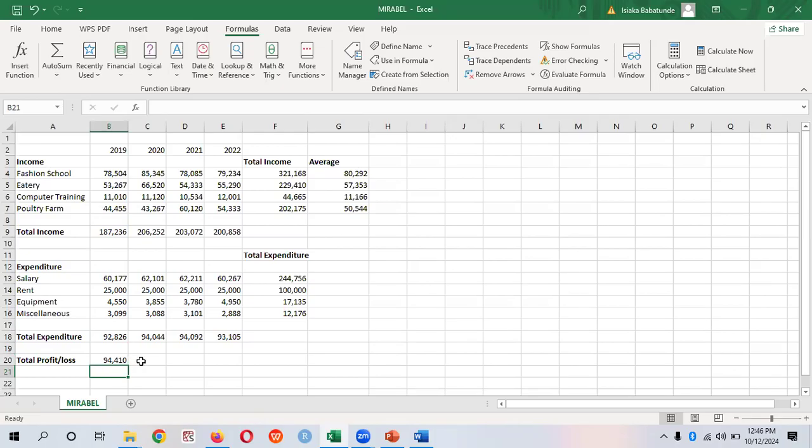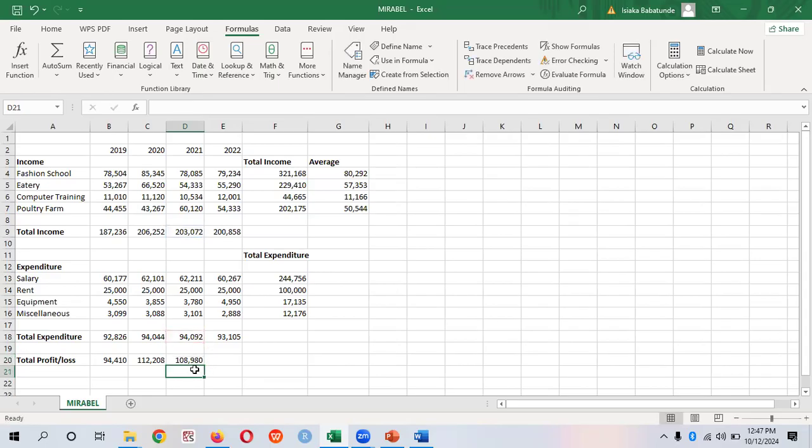Then the next one is equal sign, total income minus total expenditure, enter. Wow, this year is even great. In 2020, the company realized 112,000, which is bigger than 2019. In 2021, equal sign, total income minus total expenditure, enter.